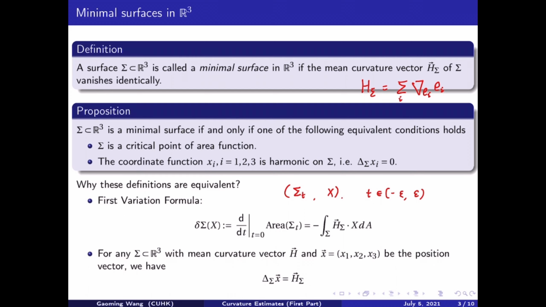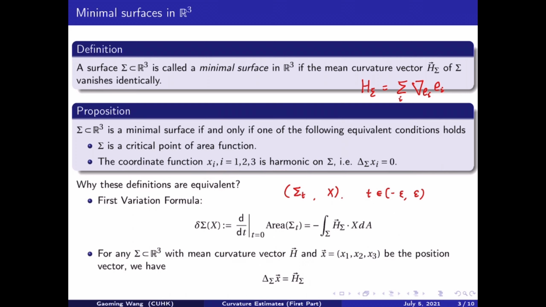Then the derivative of area is given by this formula. You can see that this integral is equal to 0 for any X if and only if the mean curvature vanishes identically.